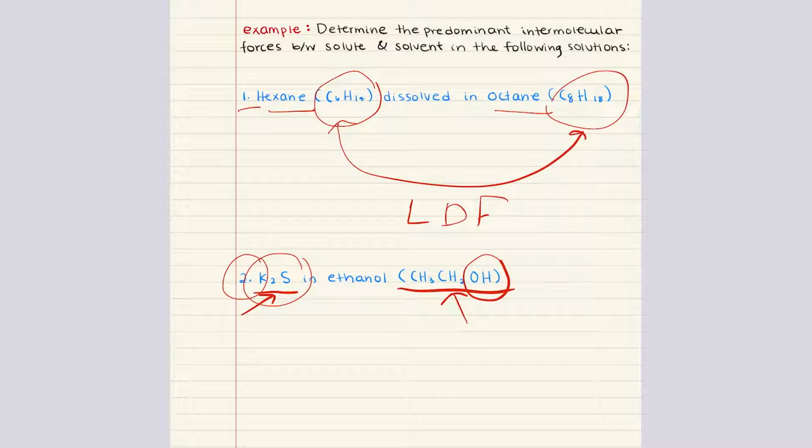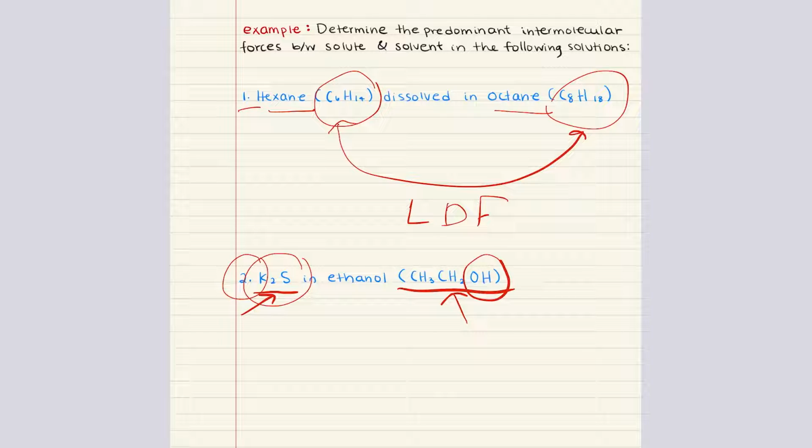Now, when we have an ionic compound that dissolves in a polar solvent, the ions are going to dissociate. The potassium cations become solvated by the negative end of ethanol, and the sulfide anions become solvated by the positive ends. And so what we're going to have here are ion-dipole forces that are going to predominate in the solute-solvent forces in this kind of solution.